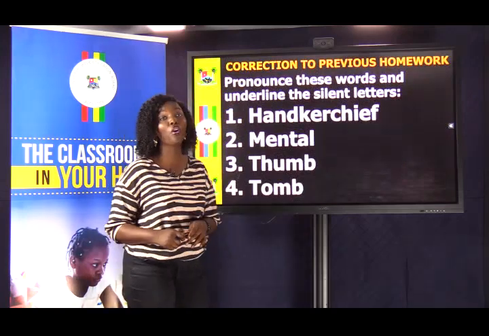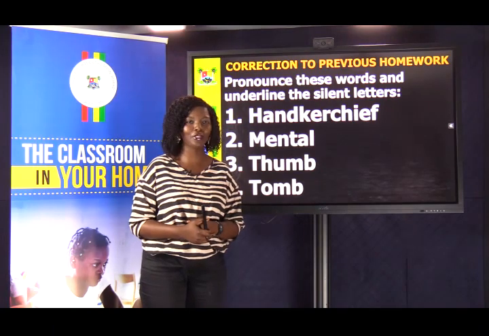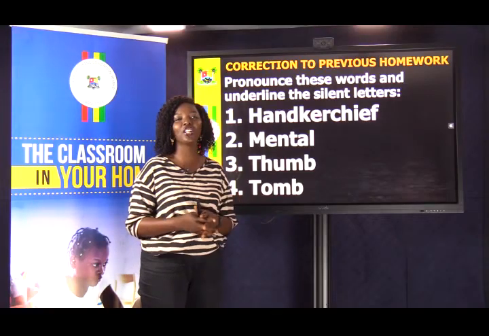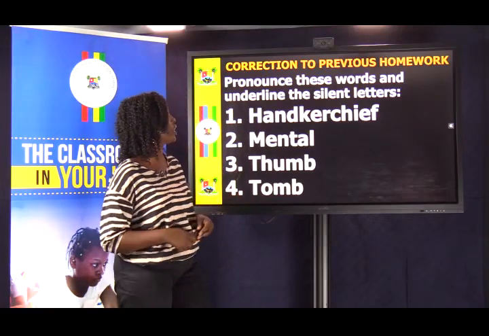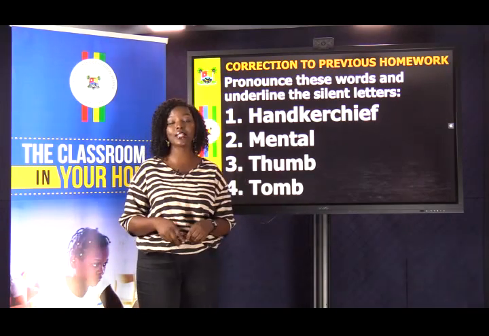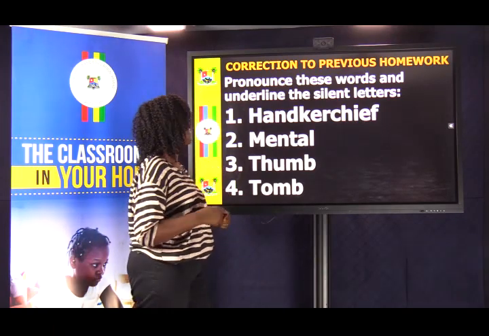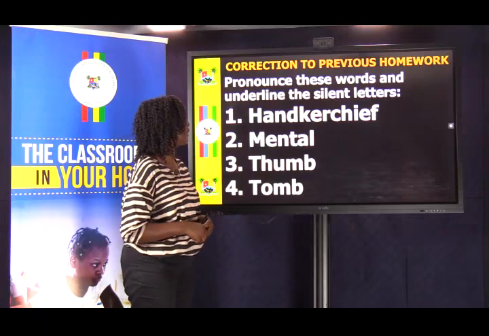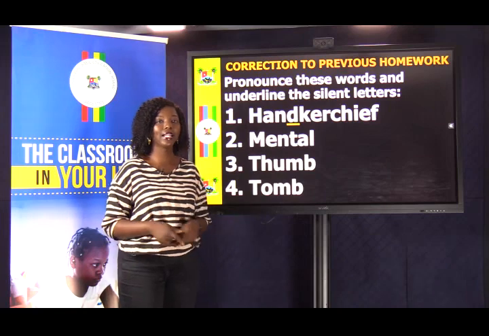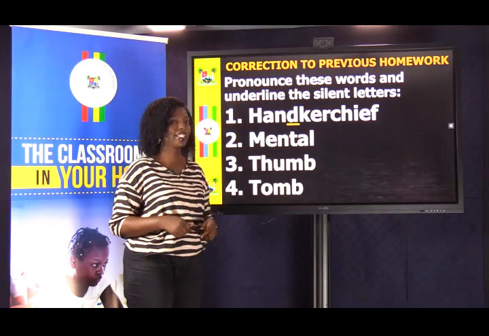And before we go into that topic, I'm sure you all did your homework, right? Beautiful. And you're with your homework books because I'm sure you're eager to mark your works. Okay, last lesson we talked about what? Silent letters. So I gave you 4 words to pronounce and also underline the silent letters in the words. For the first one, we have handkerchief, and the silent letter is D. Handkerchief, not handkerchief.